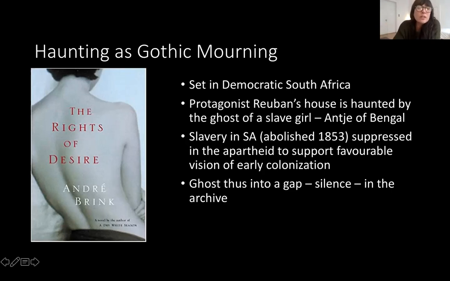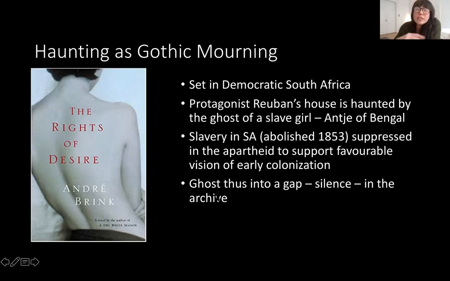So The Rights of Desire is set in democratic South Africa. It's set in a house that is haunted by a slave girl whose name is Antjie of Bengal. So slavery was abolished in 1853 in South Africa, but it is importantly suppressed in the apartheid era record, right? Because the apartheid state wanted to provide a favorable vision of colonization.